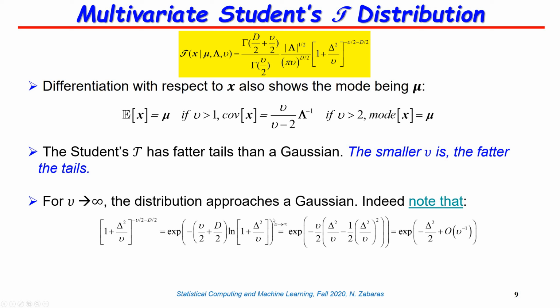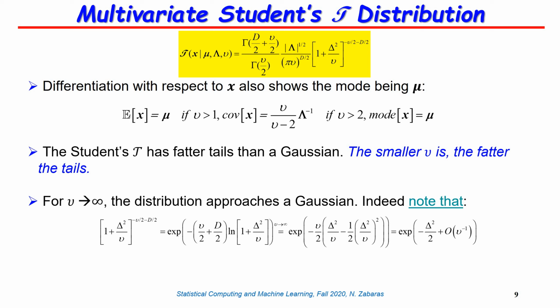But again, this is a nice property that gives you a sense of this multivariate student t, and also gives you a sense of why we call this matrix lambda the precision of the student t distribution.